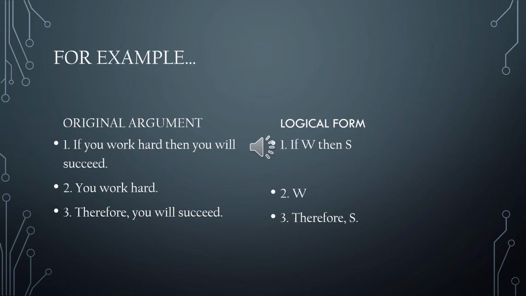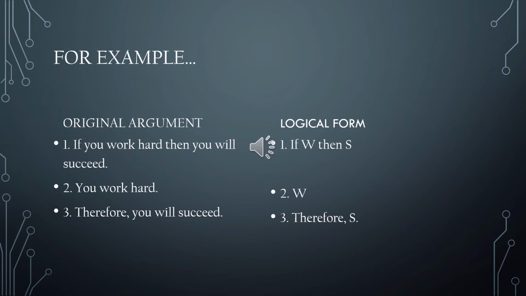Otherwise, you'll get confused. So the logical form of the original argument, therefore, is if W, then S, W, therefore S. Now this is significant, and it's important to learn to recognize the logical form of arguments such as this, because merely by surveying the logical form of this argument, you will know automatically that it is a valid argument.